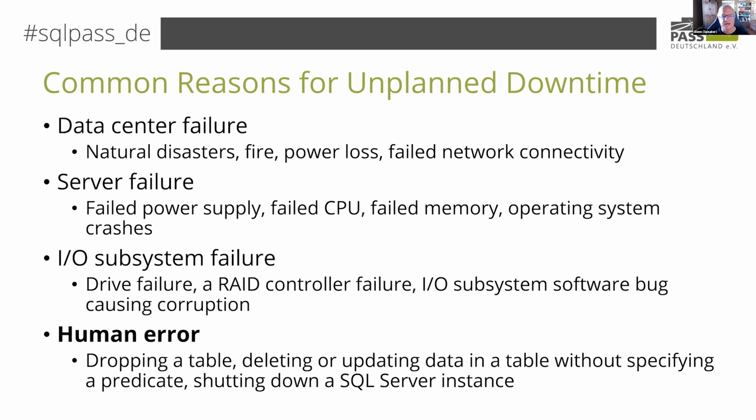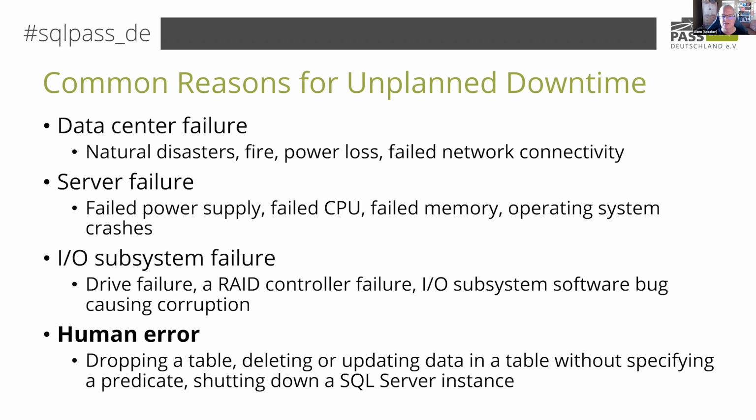So unplanned downtime is something you don't want to have happen, but sometimes it just does. It's outside of your control. So you could lose an entire data center to a natural disaster. And it depends on where you live. If you live in Florida or Puerto Rico, they get hurricanes a lot, unfortunately. So a hurricane could come in and take out your entire data center. So different kinds of natural disasters are going to affect you based on where you live.